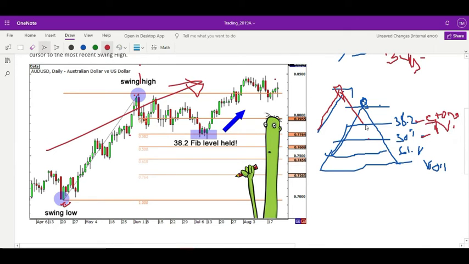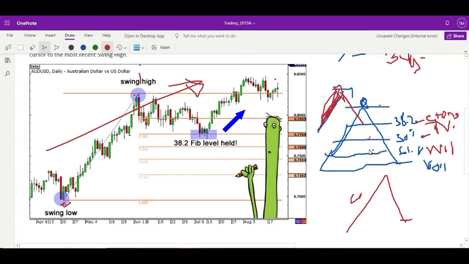If it dips or retraces to this, it shows this is a normal trend. If it dips to 61, if it moves like this very massively, it shows that this is a weak trend. So if it goes to the 61 level, it's a weak uptrend, right?